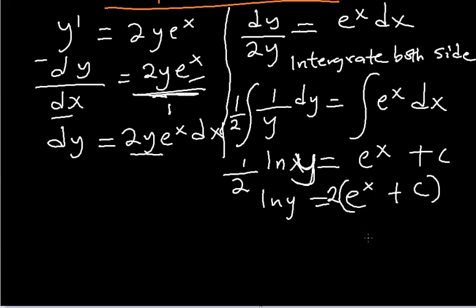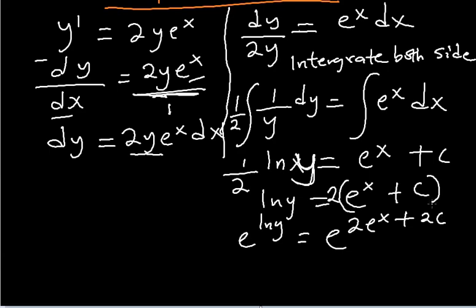So for me to get y now, I can take the exponent of both sides of the equation. I can do exponent ln y, that will equal exponent of 2 exponent x plus 2c.